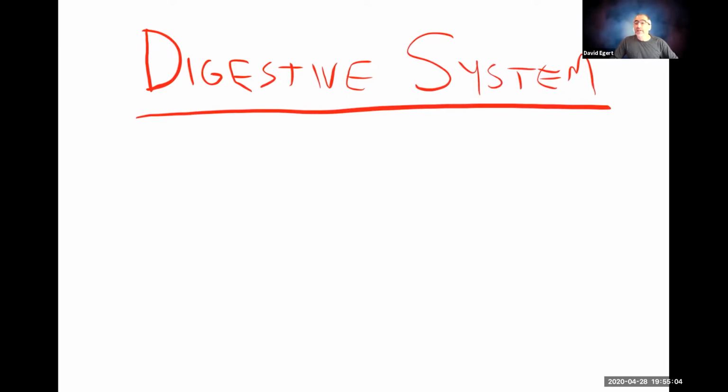So functions, what are functions of the digestive system? Break down food. So that is a big part of it, is breakdown of food. And food, what the heck is food? Food in general is other organisms, whether plants or animals.